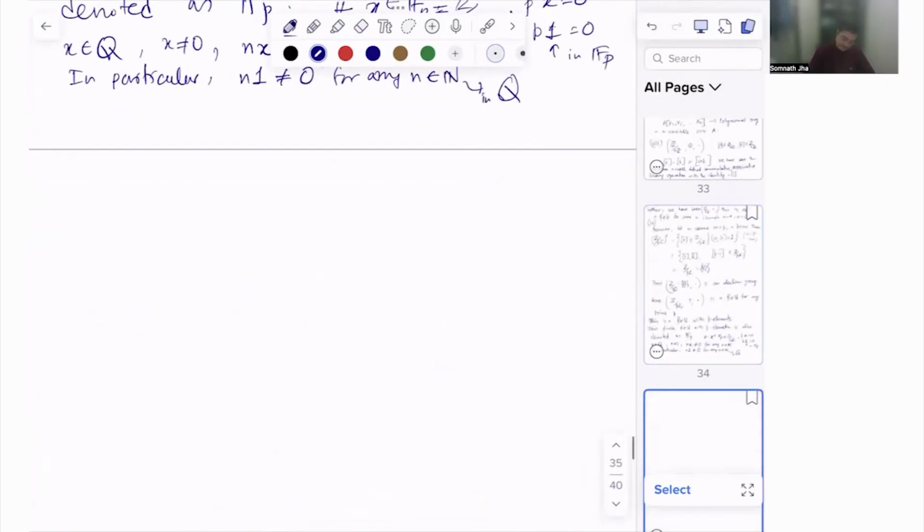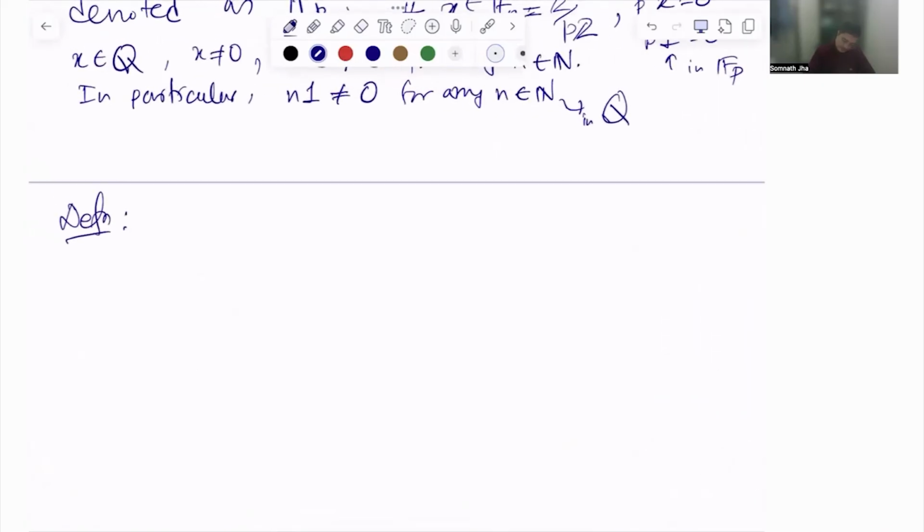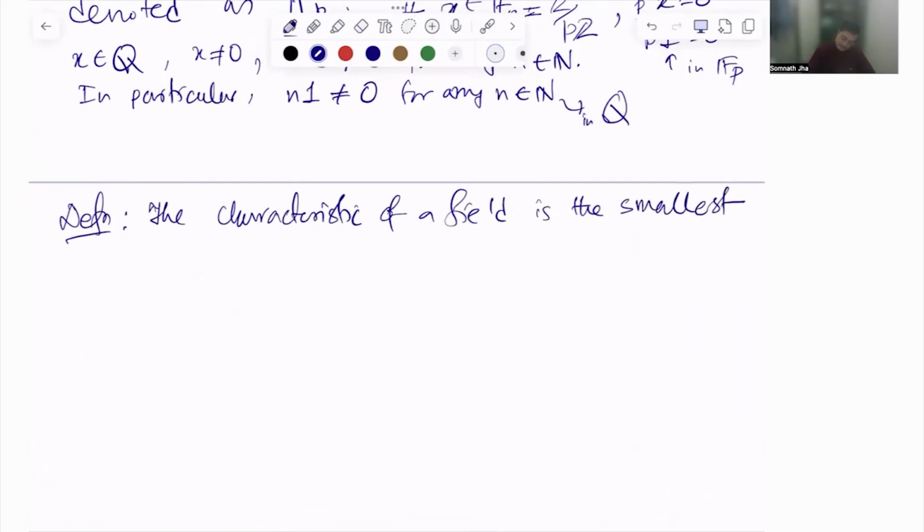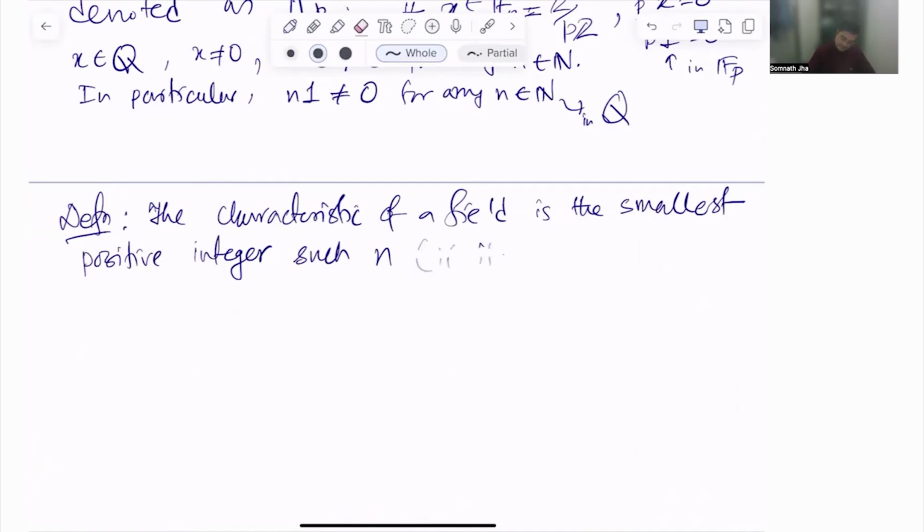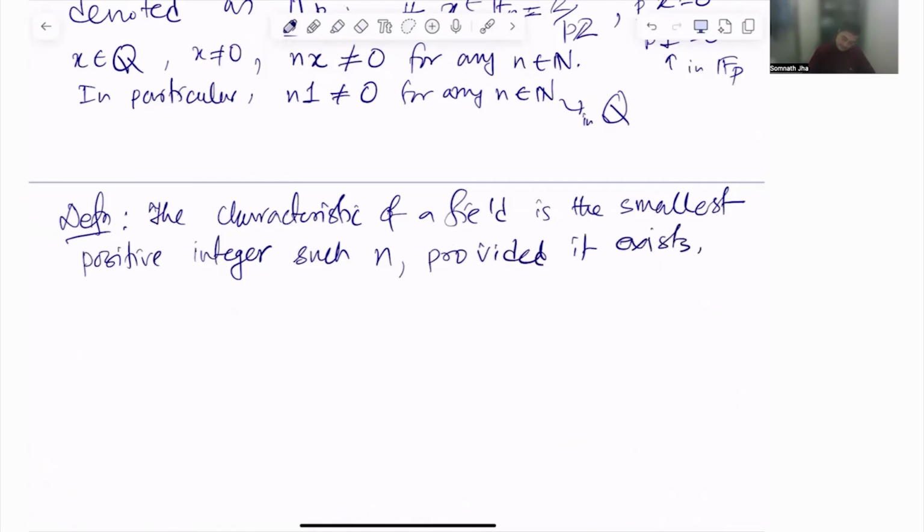Definition: the characteristic of a field is the smallest positive integer n, if it exists, such that n times 1 equals 0.